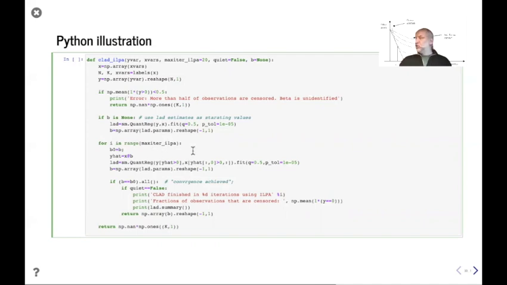I loop until this converges. I save the original values. Then I make some predictions, and if the model, based on the current value of the estimated parameters, is predicting that the dependent variable is censored, then I run another quantile regression, or least absolute deviation estimator, on that censored data.